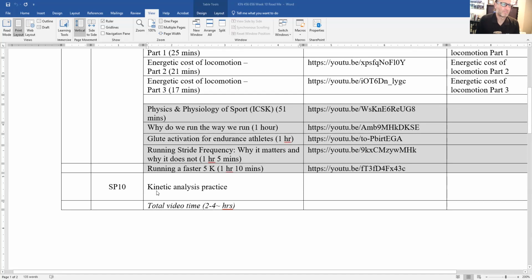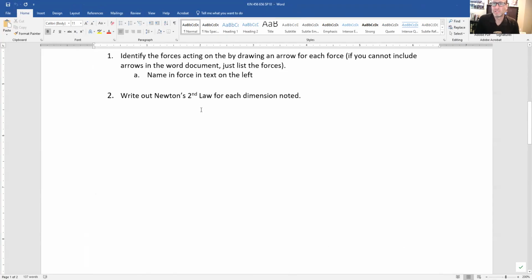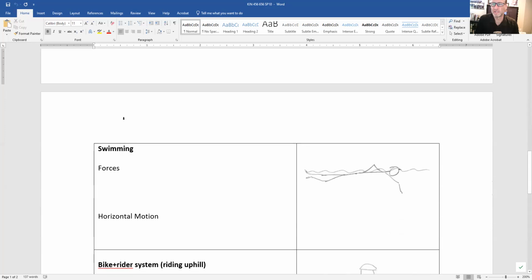I'm going to go through this a little bit more. For the project, what I decided to do was actually give you a practice on kinetic analysis. Okay, so I'm going to stop sharing this one, and I'm going to share this one. What is really key to understanding swim, bike, and run from a biomechanics perspective is to be able to do a kinetic analysis.